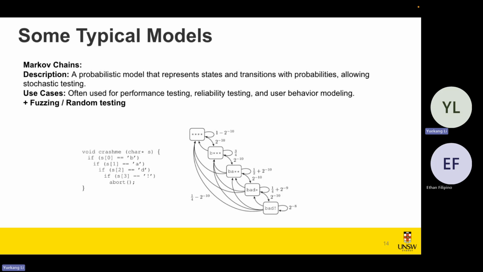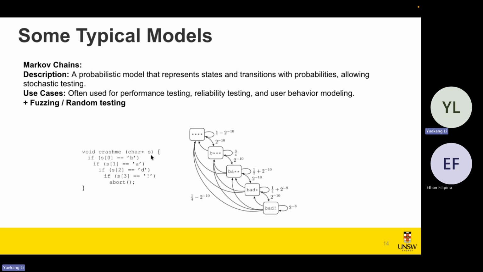The reason is that, let's imagine this program here. So we can trigger a crash if the string is bad, right? And let's assume that we are generating a random input as the string. Then the chance of passing the first if is like this, right?